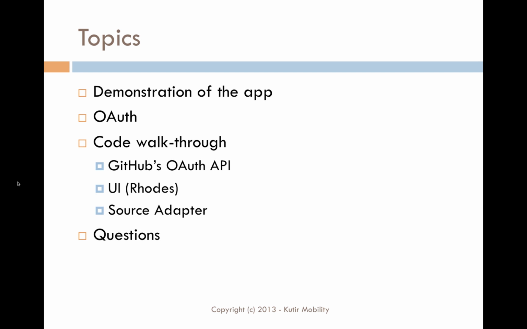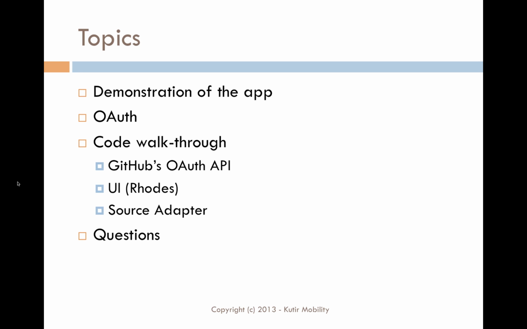And then we'll have a code walkthrough of how we use the GitHub OAuth API. I'm going to show a little bit of the UI code that we wrote in Rhodes, and then do a brief walkthrough of some of the key features of the source adapter, the synchronization component. And then we'll open it up for questions.